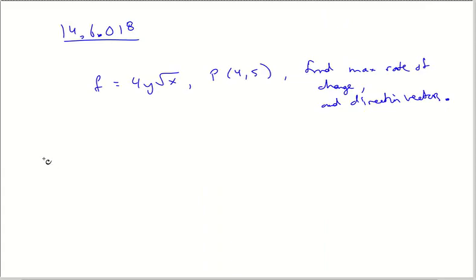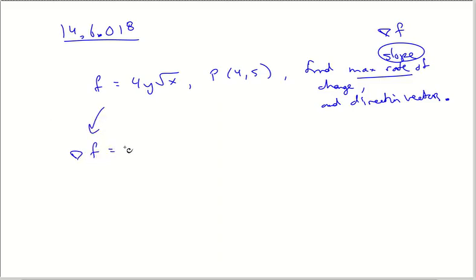What is that? Well, when they say max rate, max slope, I'm going to find my slope, which, as you probably have guessed, is grad f. My directional derivative is a slope, but that's in a specific direction. It's kind of like I'm trying to find the direction here, in a way. So let's not go there. I'm just finding my slope, my maximum slope. So first off, what are going to be my slopes?